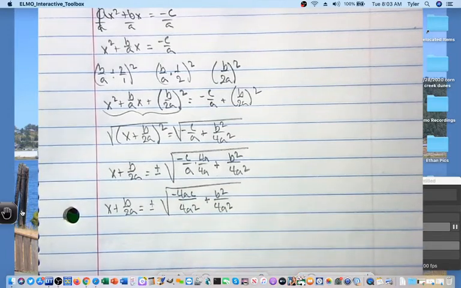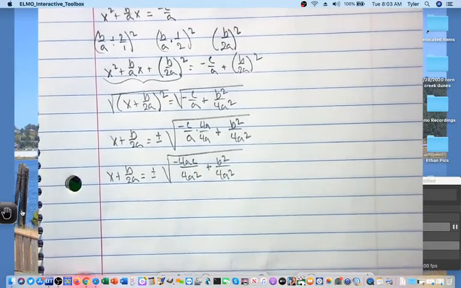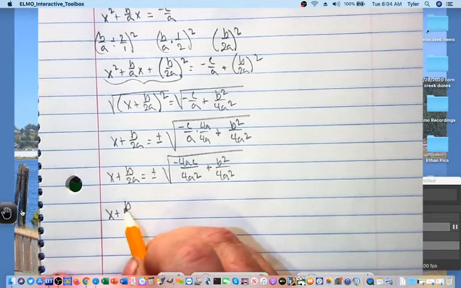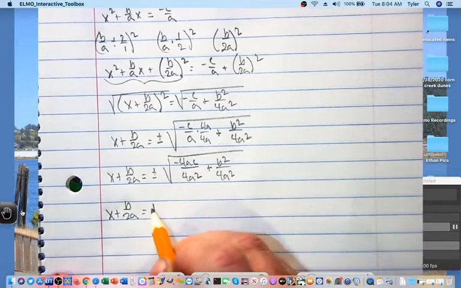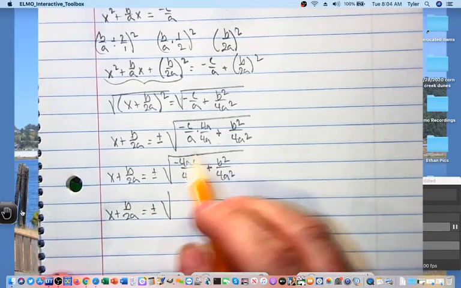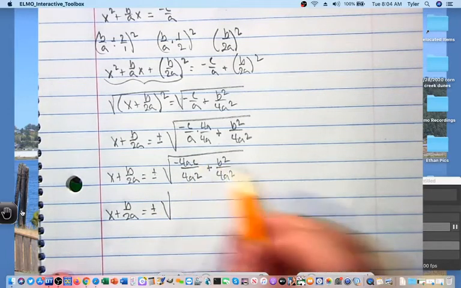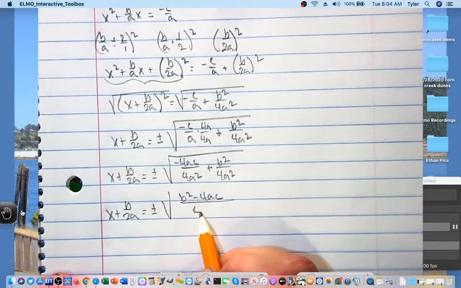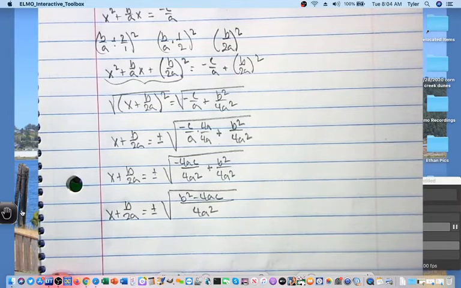I'm going to rewrite one more time. Now that they have the common denominators, I'm going to write them so that they are one large fraction. I have x plus b over 2a is equal to plus or minus radical, and let's switch these around, so I get b squared minus 4ac all over 4a squared.